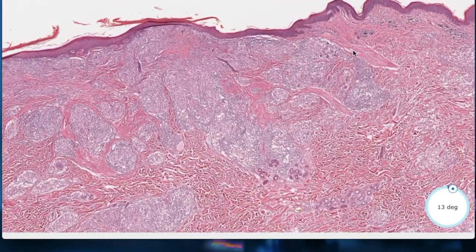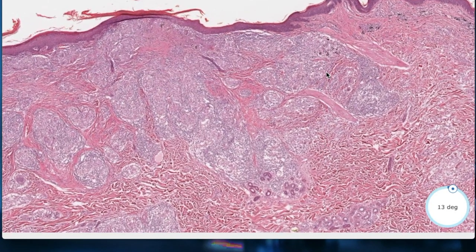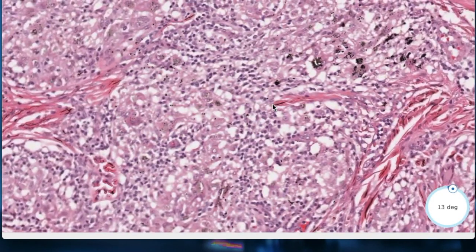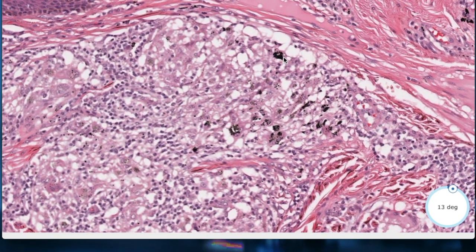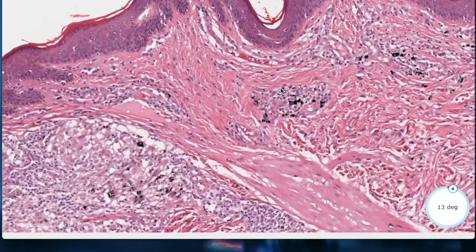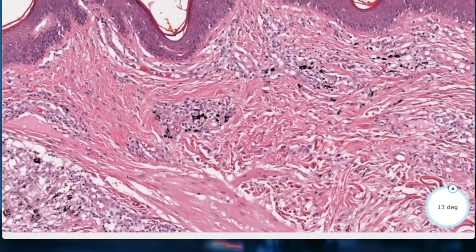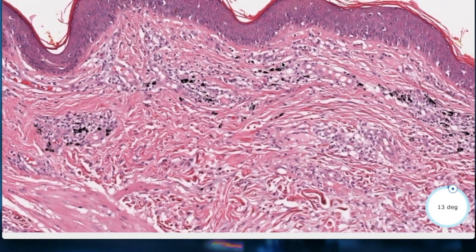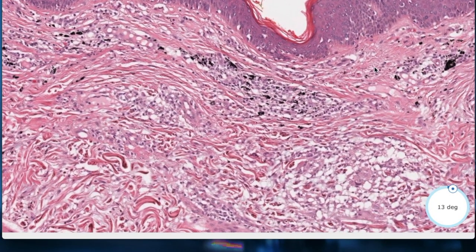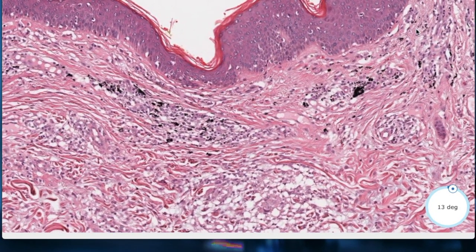So if we try to magnify those granuloma, we start seeing the histiocytes formation, and we start seeing this pigment, black pigment around those or inside those macrophages. We have more here and more here. So as you see, most commonly those pigment is in the superficial dermal area.